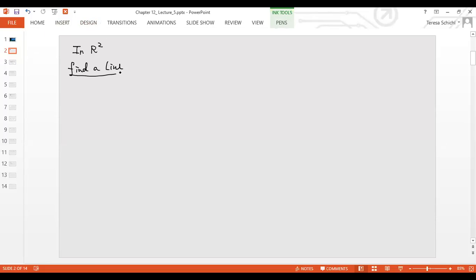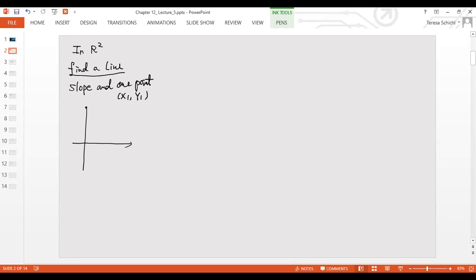In R2, one of the formulas we use is the slope and one point. You give me one point, say x1, y1, and you give me the slope, then I can know what my line looks like.